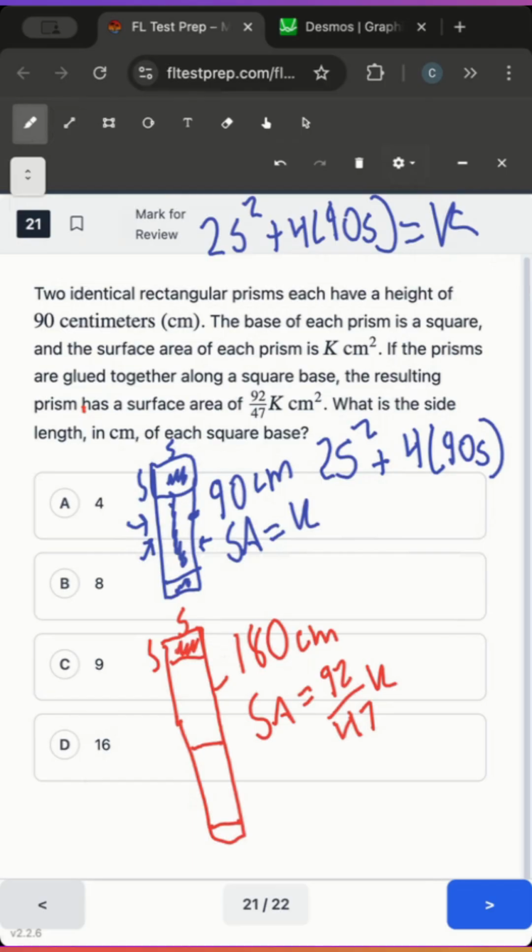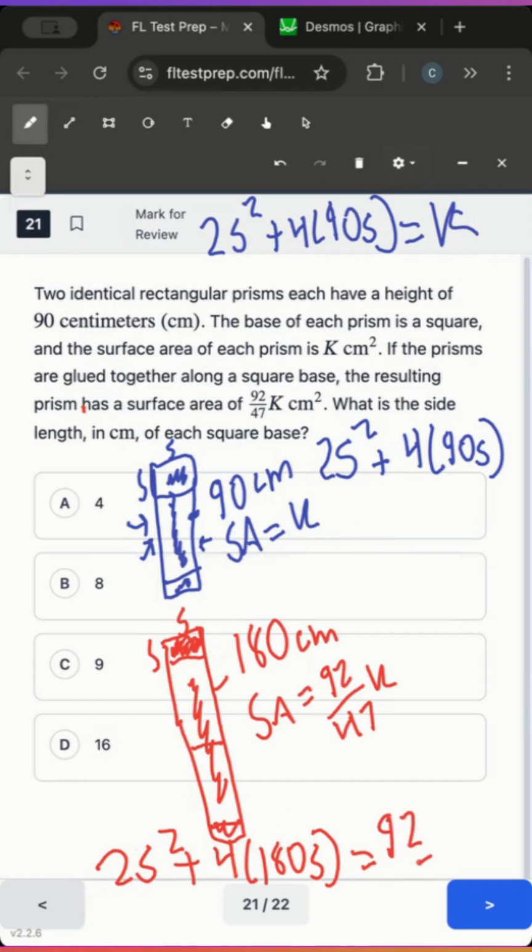Because these square tops are the same, it's still going to be 2s squared plus 4 rectangular faces, except the height is now doubled. So it's 4 times 180 times s. But this time it equals 92/47 K. We're in a really good spot.